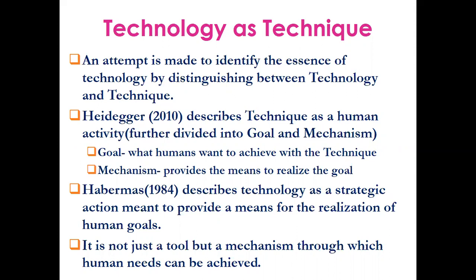Now, Habermas describes technology as a strategic action meant to provide a means for the realization of human goals. It is not just a tool, but a mechanism through which human needs can be achieved. Okay, so that's how this school of thought also looks at technology, as one that gives humans the ability to achieve a goal.